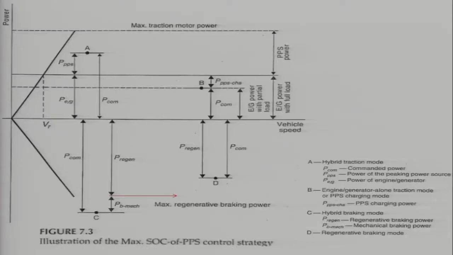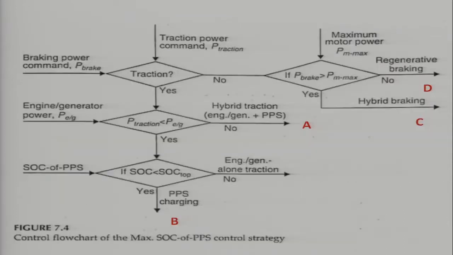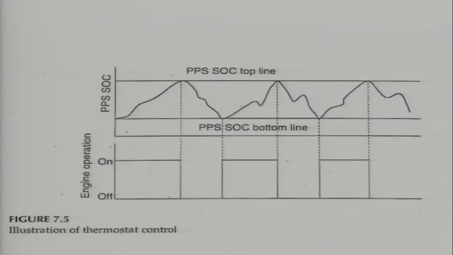Then we have seen the other control strategy, which is thermostat control strategy, which is engine on off strategy. In both the cases we have seen in detail how exactly the engine can be operated and how the PPS charging as well as the on off engine control can be achieved by using the proper control.